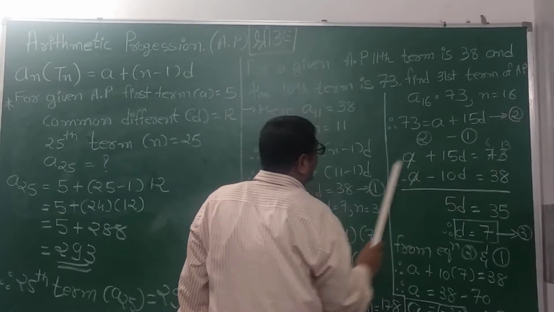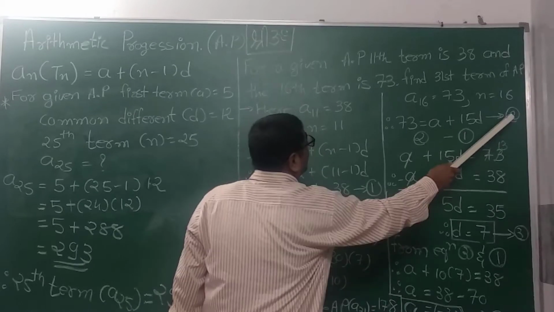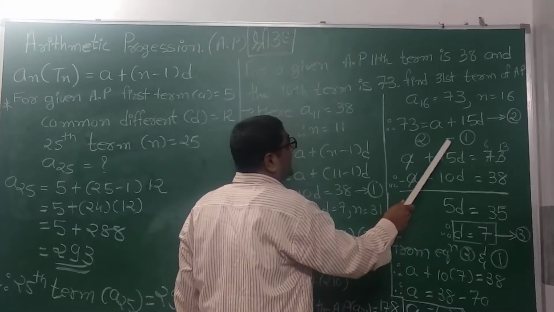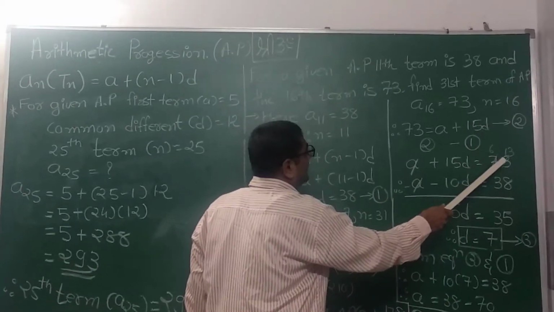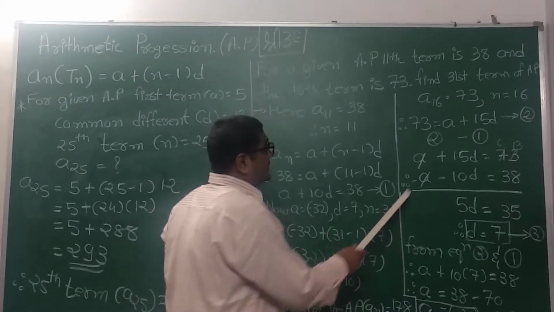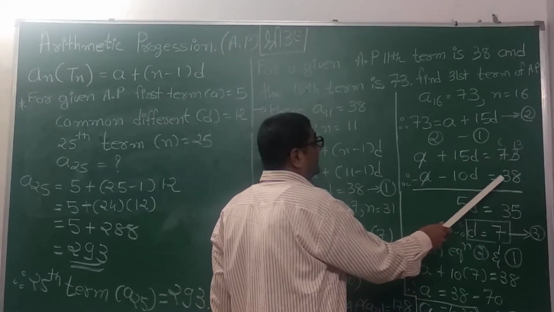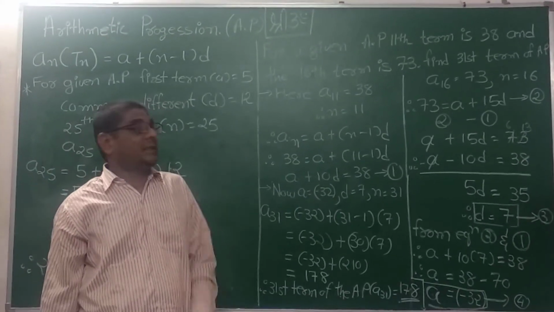Now we subtract equation 1 from equation 2, that is 2 minus 1. So equation 2 is as it is, that is a plus 15d is equal to 73. Minus, we have to change the sign, that is minus a minus 10d is equal to 38. Now we are doing the elimination method.